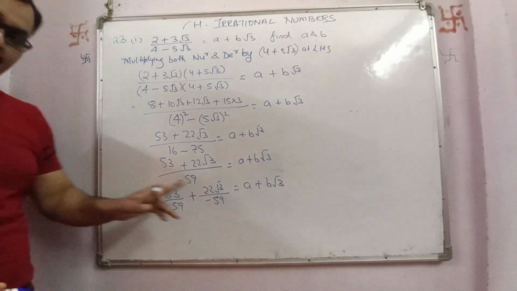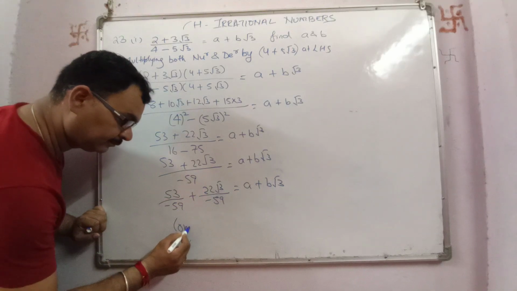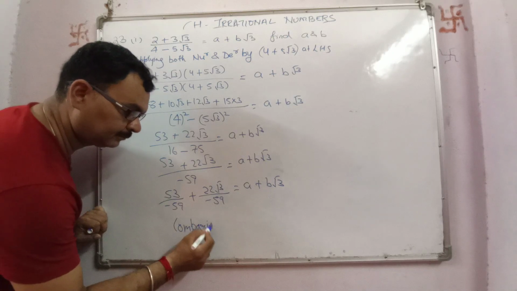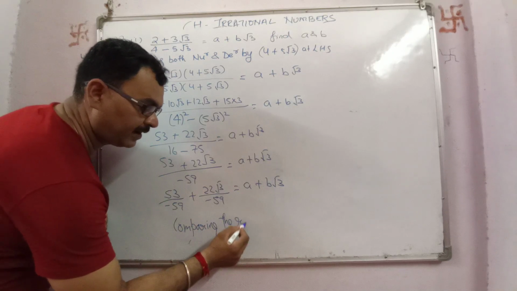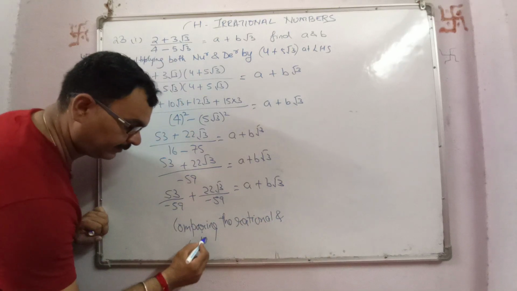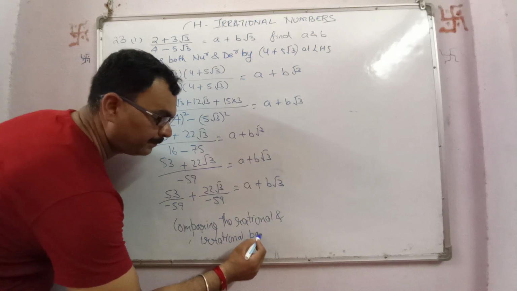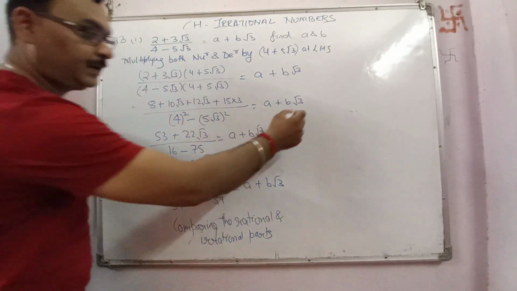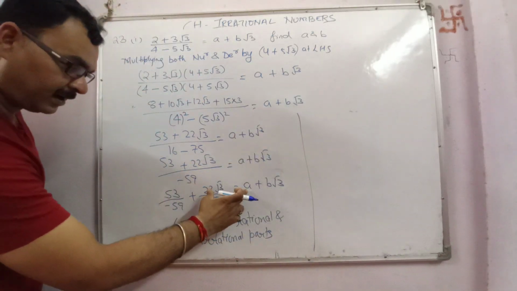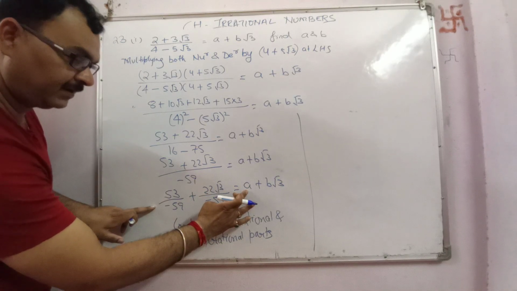Now comparing the rational and irrational parts. So we clearly see that the rational part a, which is equal to, here the rational part is 53 upon minus 59.